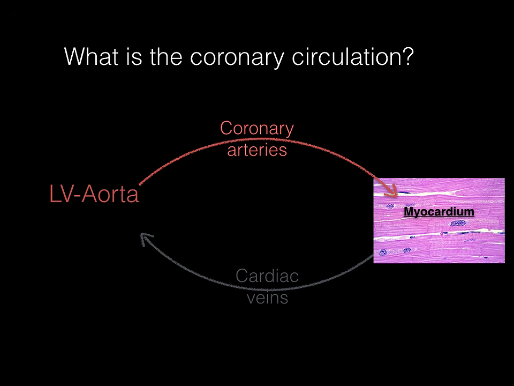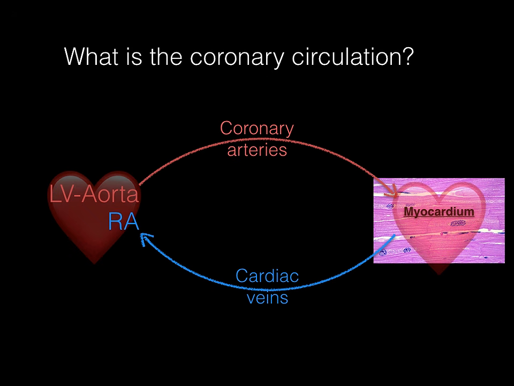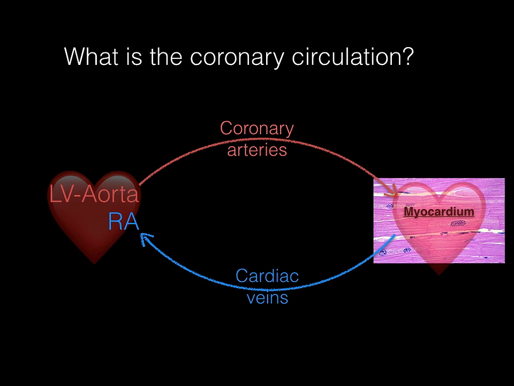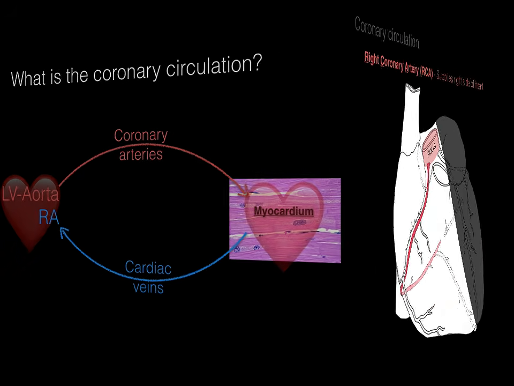And then the heart muscle tissue gives its deoxygenated blood back to the heart via cardiac veins into the right atrium. So blood goes from the heart, through coronary arteries, to the heart, and through cardiac veins back to the heart. It's a circulation or circulatory system.